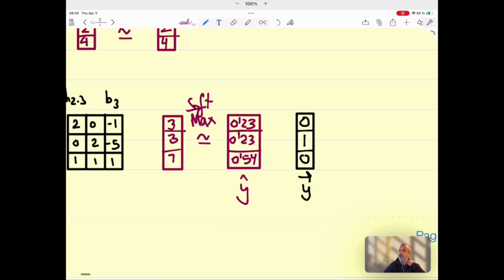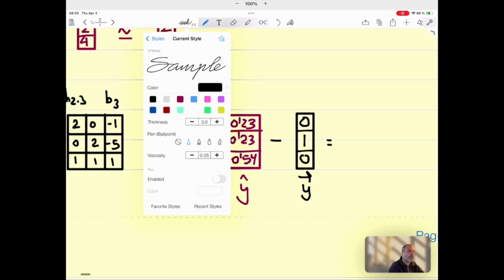All right, so what do we do now? We say, okay, we want to subtract our expectation from our output, and this will give us an error. Okay, this will give us an error.